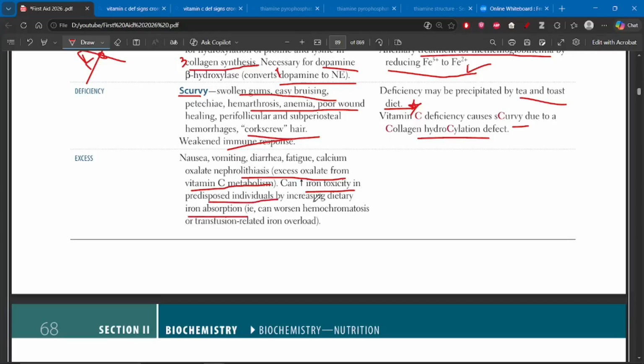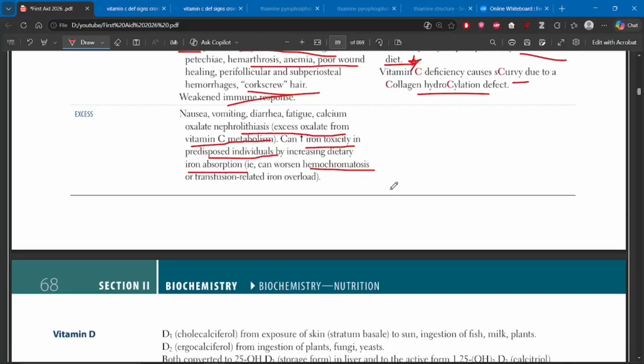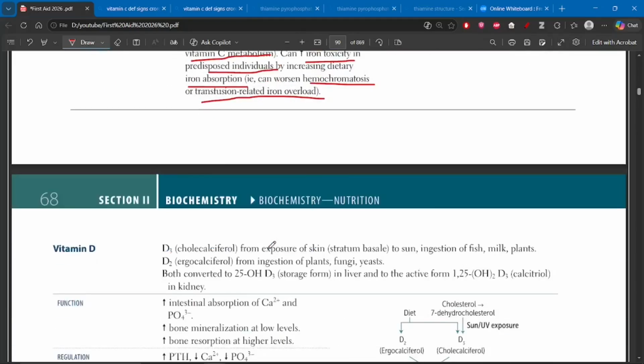So people that already have hemochromatosis and a lot of iron in their body, vitamin C can worsen it due to increased iron absorption. And this could be two kinds of patients: a hemochromatosis patient or a patient that has transfusion-related iron overload. So you need to be careful in those patients.